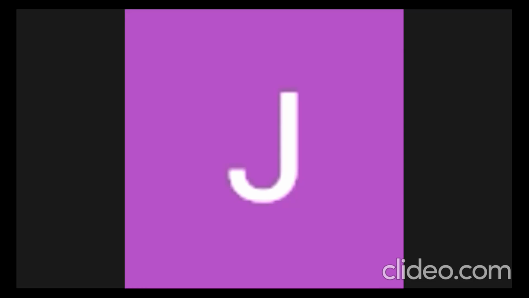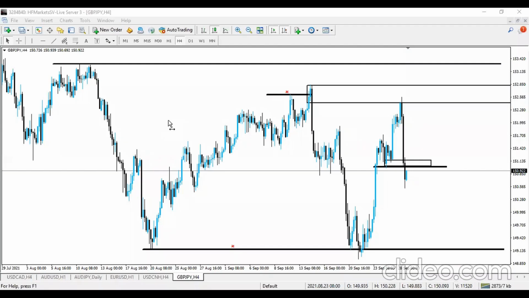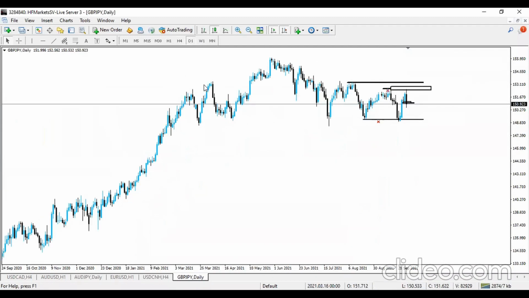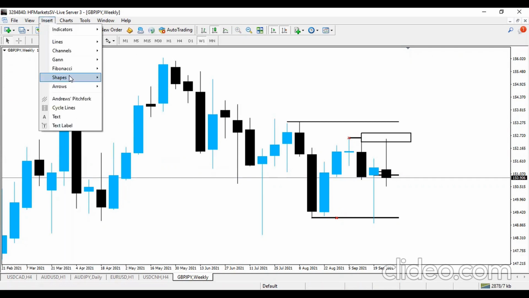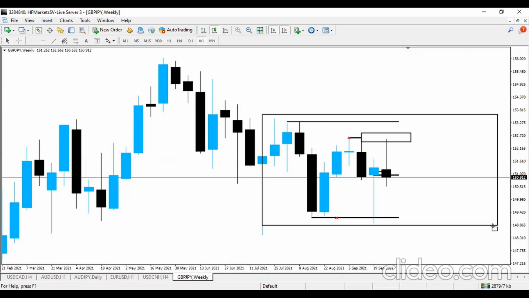Now we're going to go through the process of how I took the trade. The first thing I went to was my weekly time frame. We can see from the weekly time frame that we are in a consolidation.